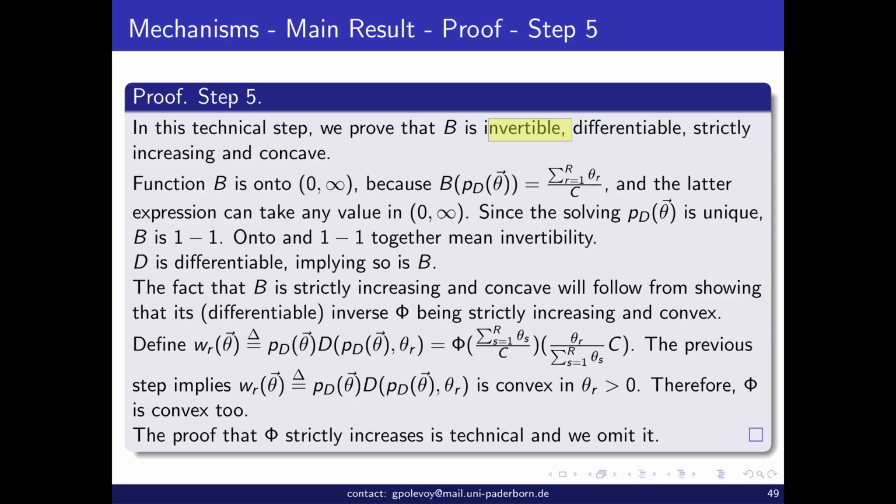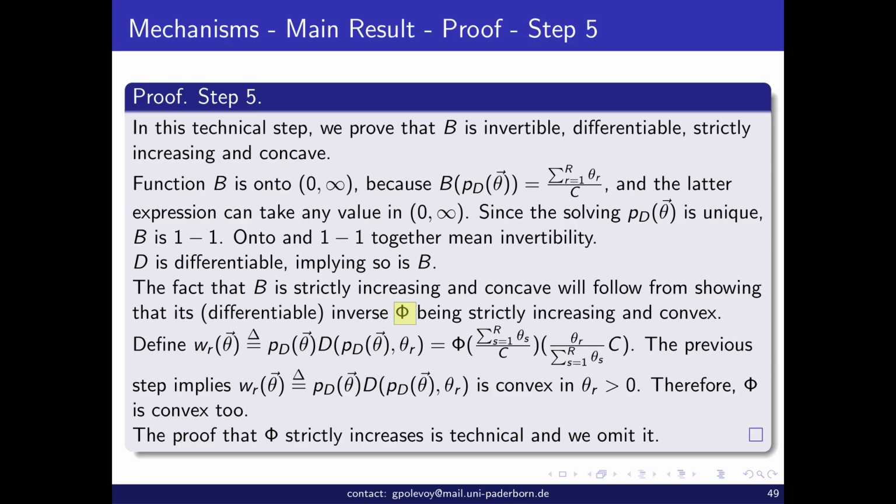The third property, we now need to show it's strictly increasing and concave. That's what is left here. Now, how do we do that? We show it by showing that the inverse of b, which we know exists, is strictly increasing and convex.